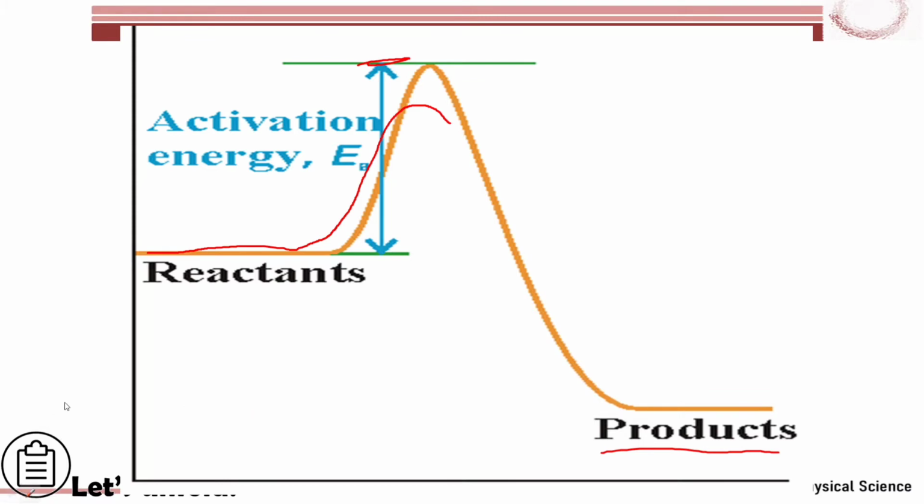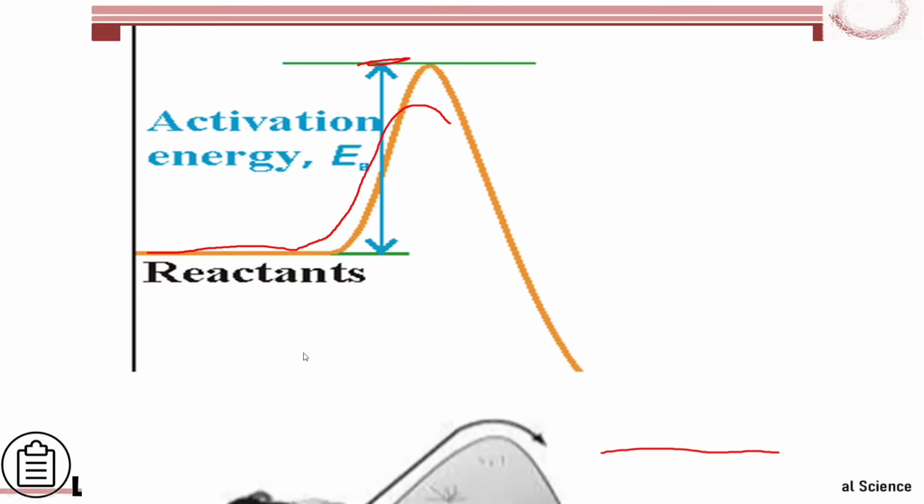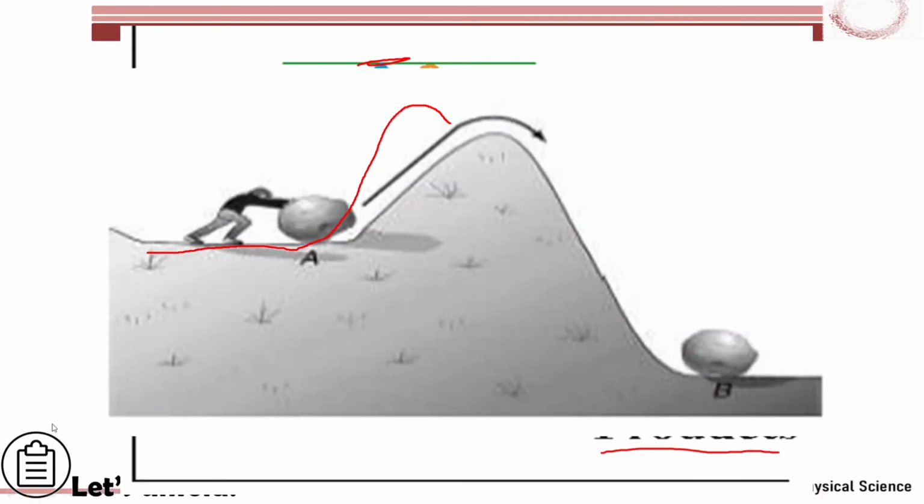Okay. Kumbaga in simple term or simple analogy, para siyang tao na nagtutulak ng bato uphill.